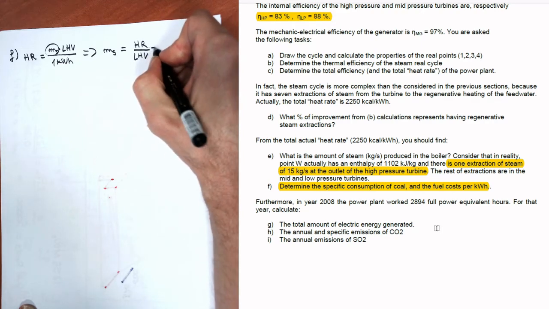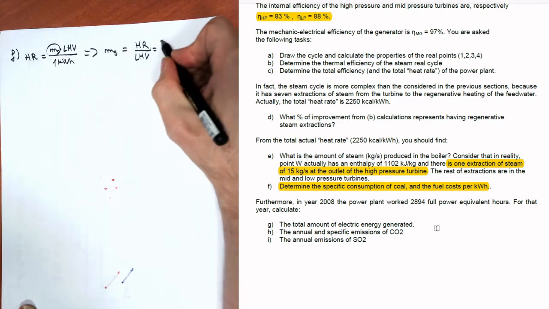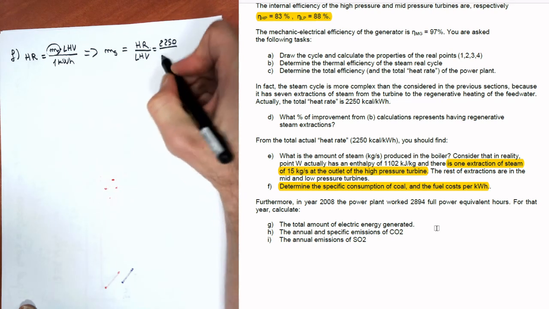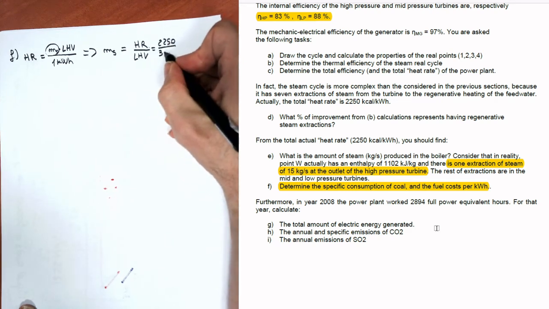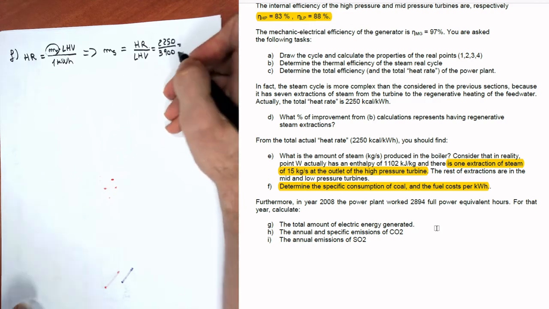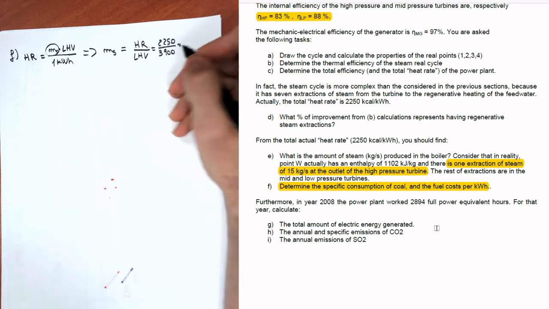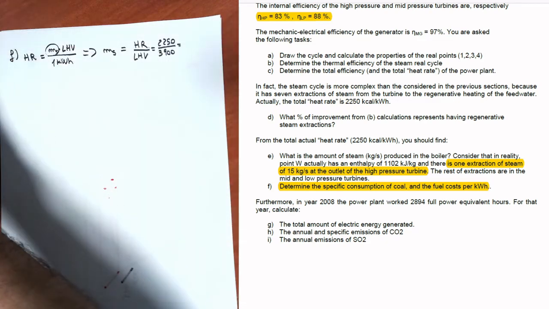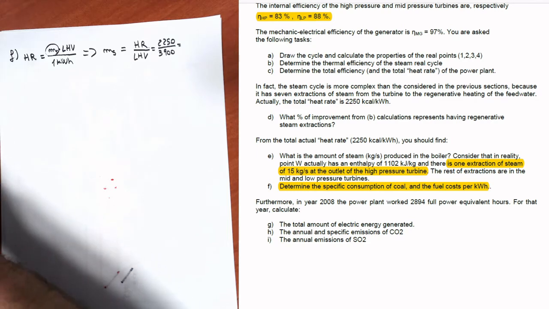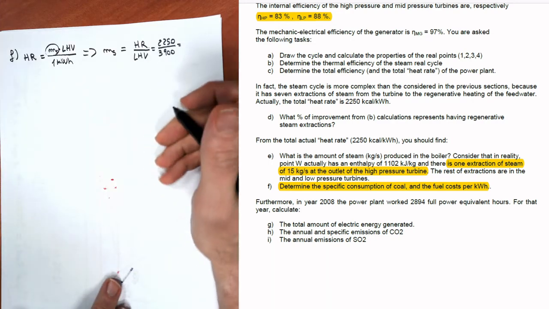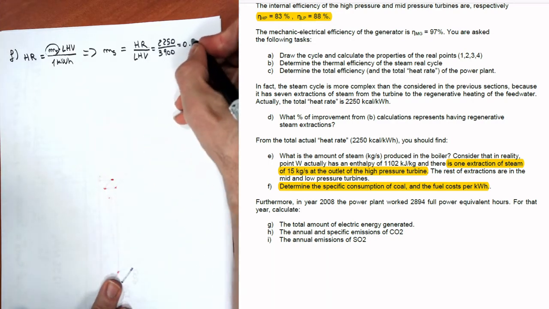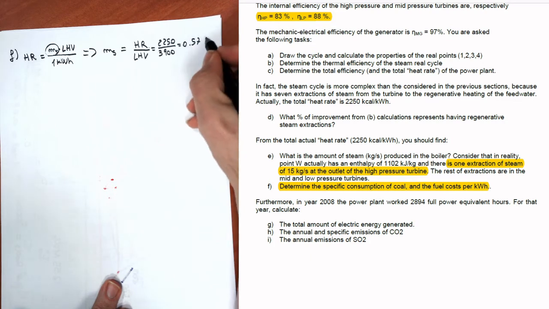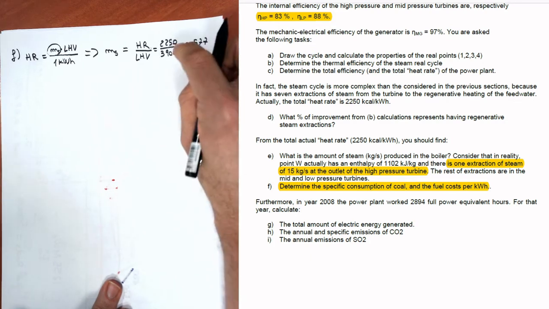New heat rate was 2250, and the LHV is 3900. So this gives us, let me calculate, 2250 divided by 3900, that's 0.577, and this is in units.